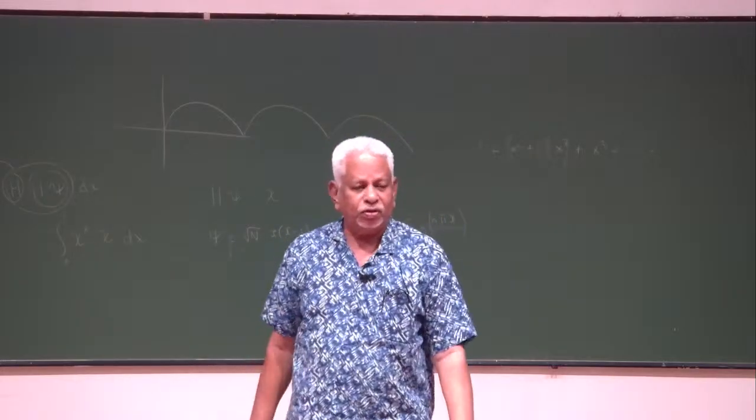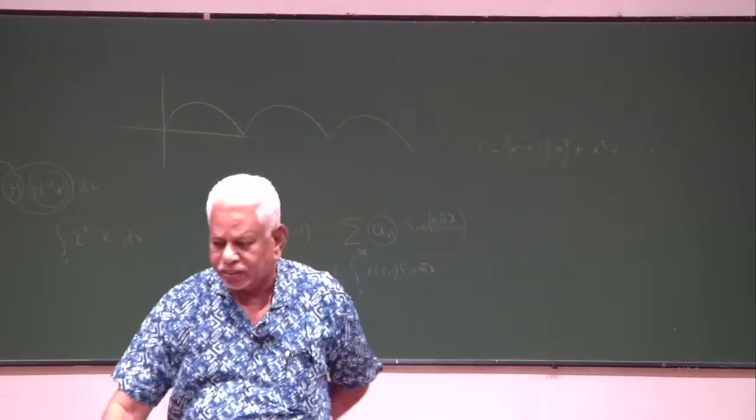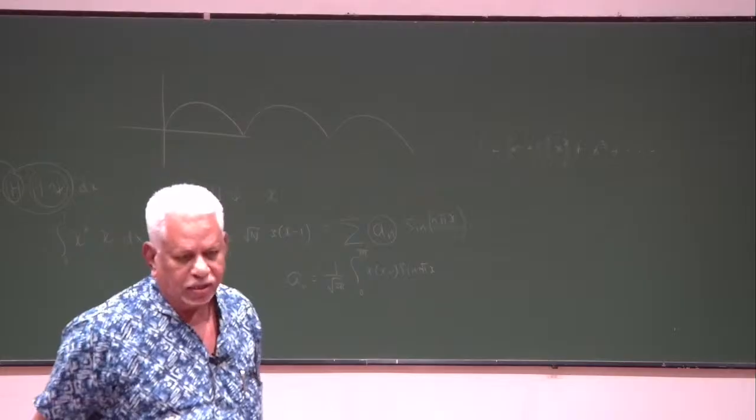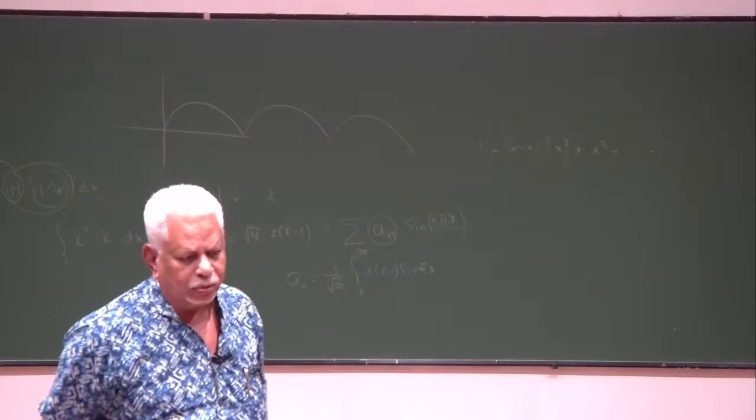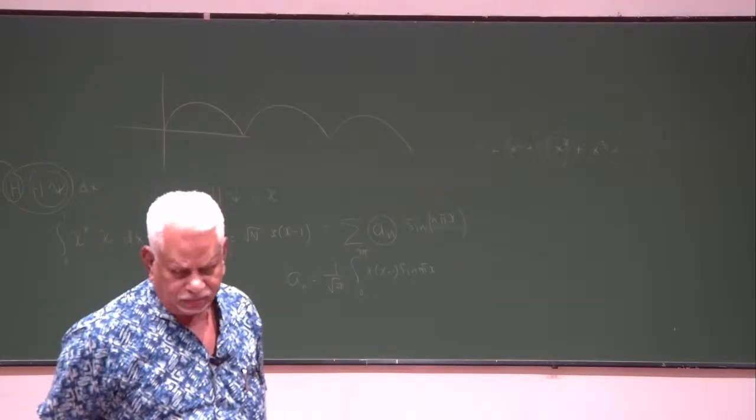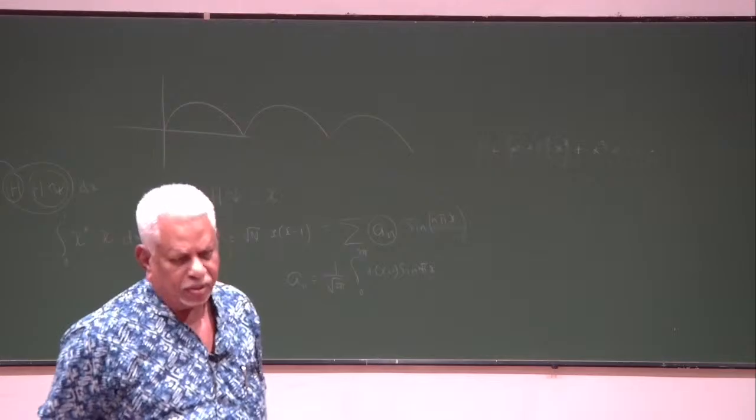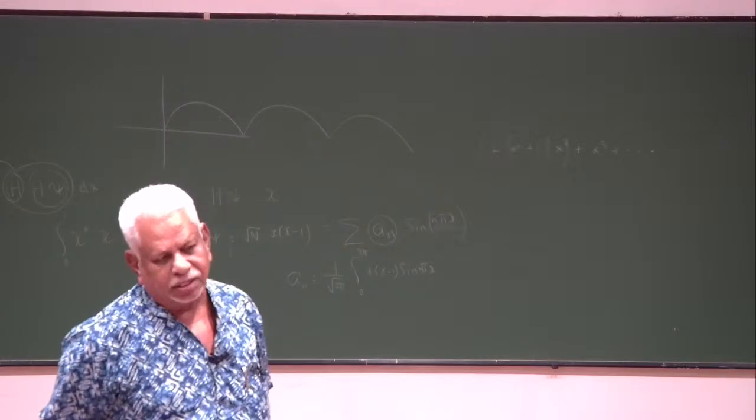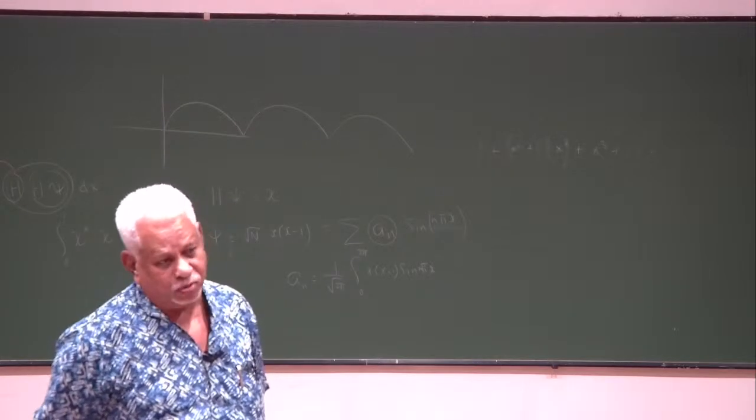I want to find the value of this series when x is equal to half. When x is equal to half, what will I do? I will take 1 plus half plus half square plus half cube, etc., up to an infinite number of terms.